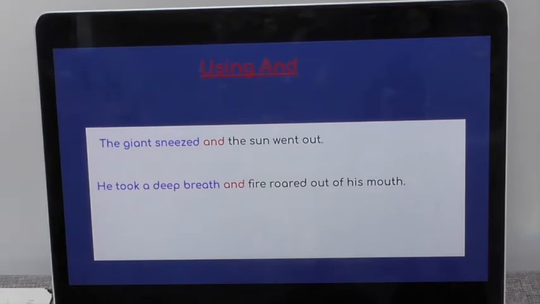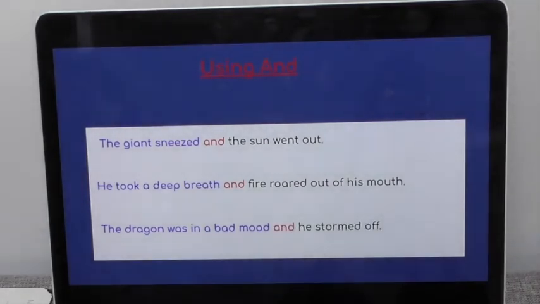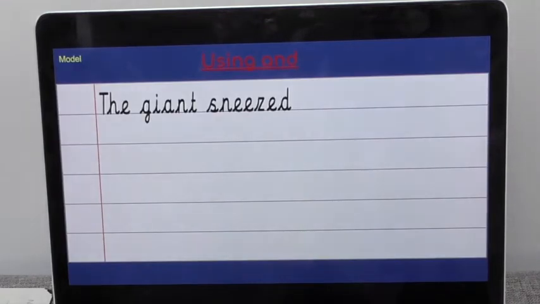Both of those things are equally important in the story. Number 3, the dragon was in a bad mood and he stormed off. So we've got the word and in all 3 of those sentences, and that's what we're going to be really focusing on using today to add additional information.